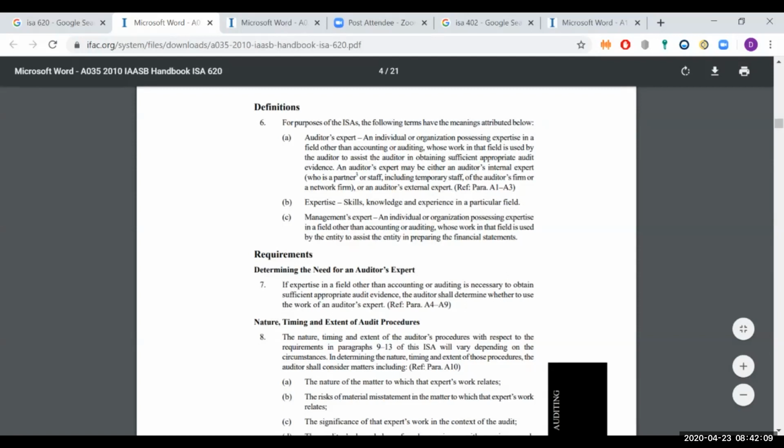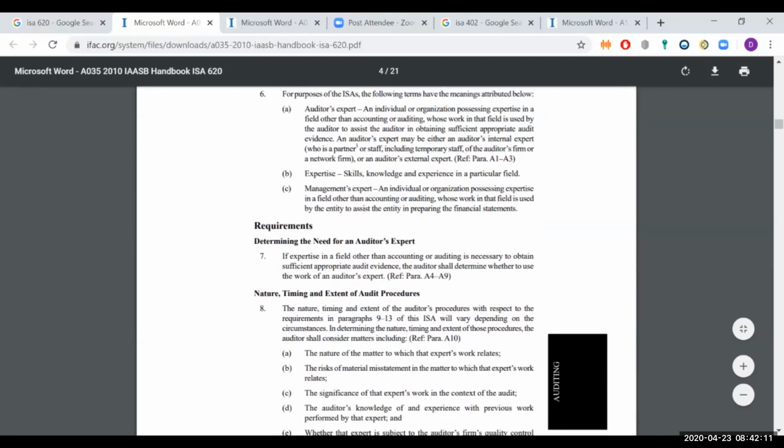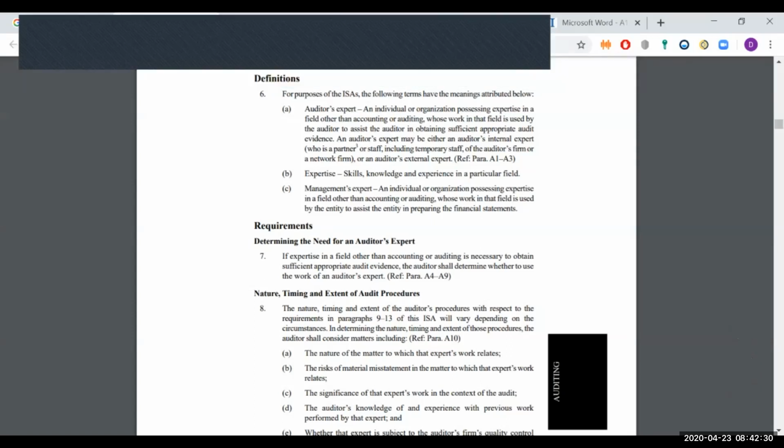We also did mention in point number 6C... Can you see my ISA? No, I'm not sure they can see my ISA. What happened?